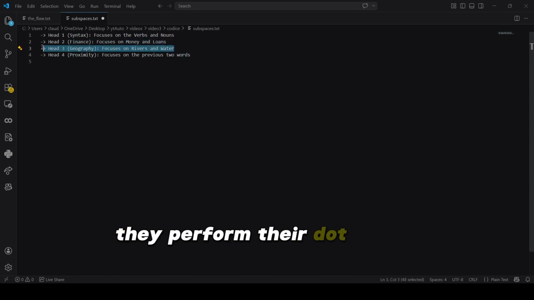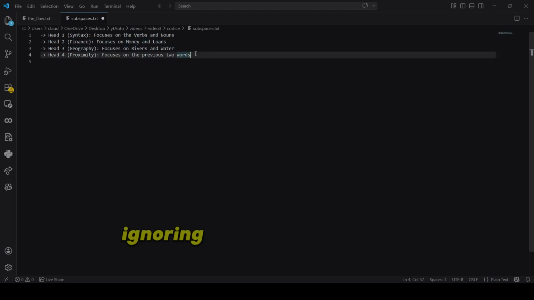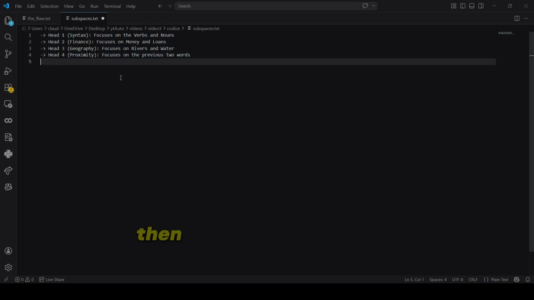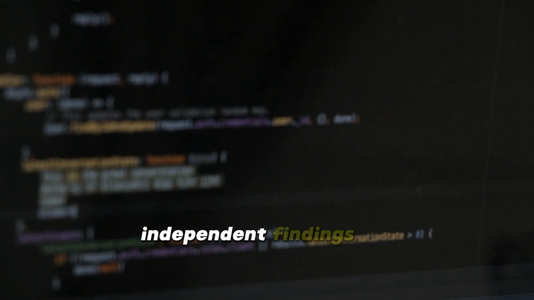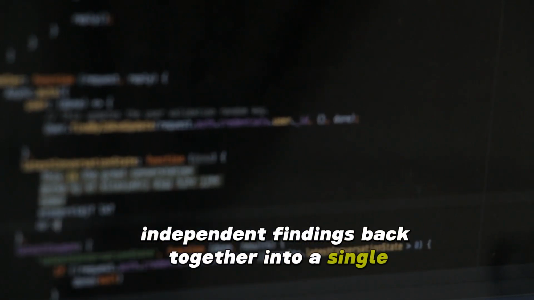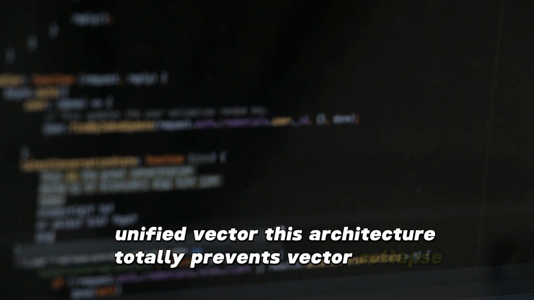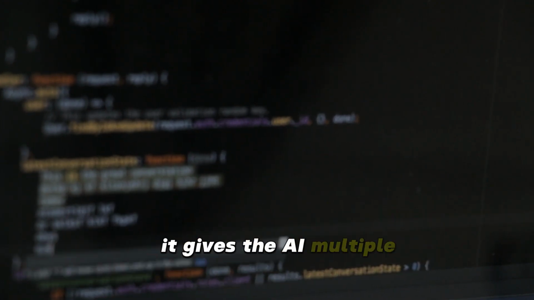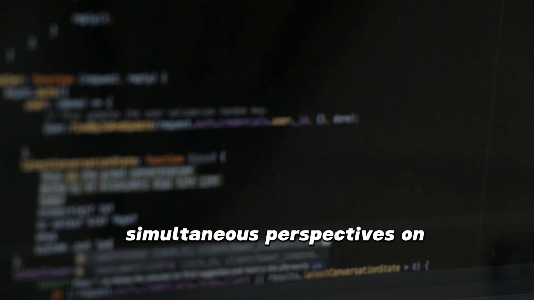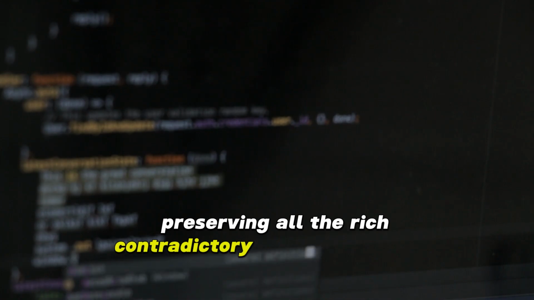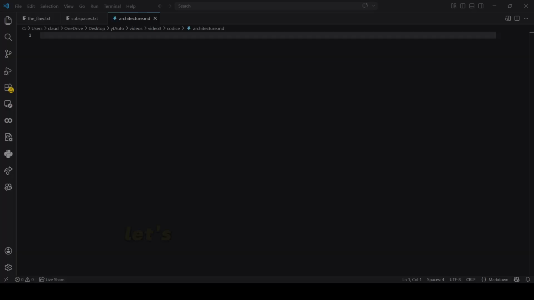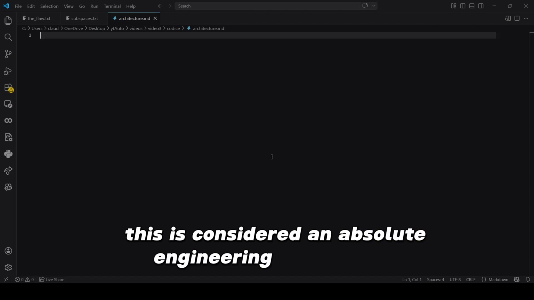They perform their dot products independently, ignoring what the other heads are doing. Then, at the very end of the process, they concatenate their independent findings back together into a single, unified vector. This architecture totally prevents vector collapse. It gives the AI multiple, simultaneous perspectives on the exact same data, preserving all the rich, contradictory nuances of human language.